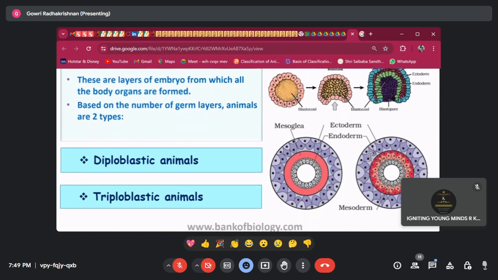The diploblastic animals have something called mesoglea. You can see it in the picture. This is a non-living substance, a sponge-like non-living substance. It exists in between the two layers.